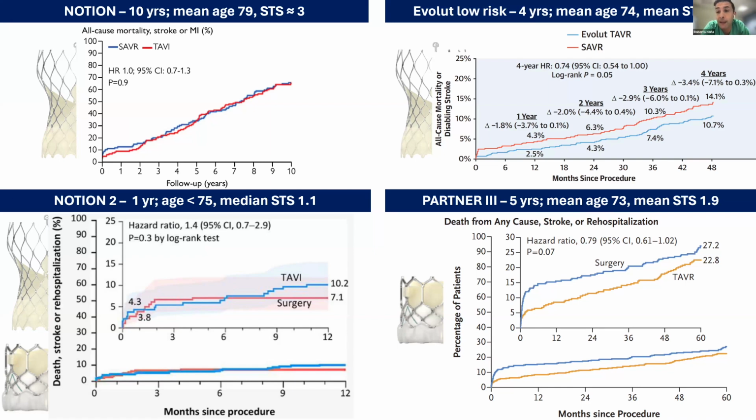So the self-expandable CoreValve Evolut platform and the balloon-expandable SAPIEN valve. Well, I have to tell you that these studies are not dealing with young patients, except for the NOTION 2 trial. So this is a very important, recent study, NOTION 2, enrolling patients with an age below 75 years old, but we have only 1 year data.